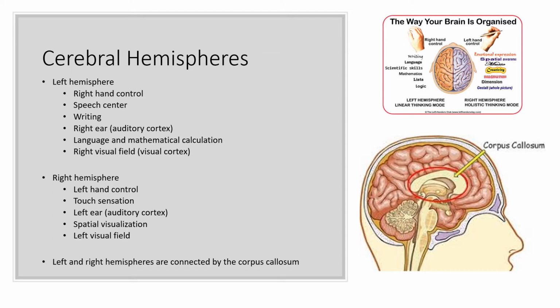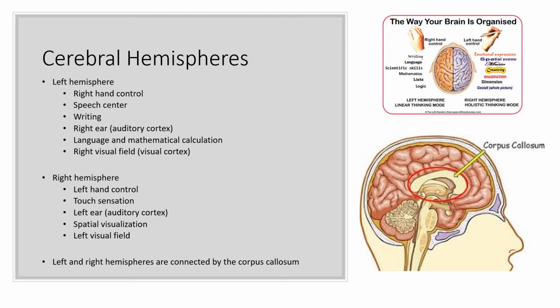It is your writing center. It also houses your right ear auditory cortex. It's also the language and mathematical calculation center, and is innervated by your right visual field. This is often considered the linear thinking hemisphere because it's involved in lists and language and logic.